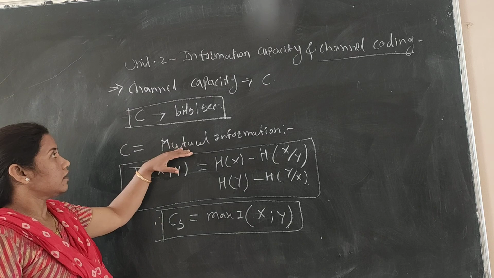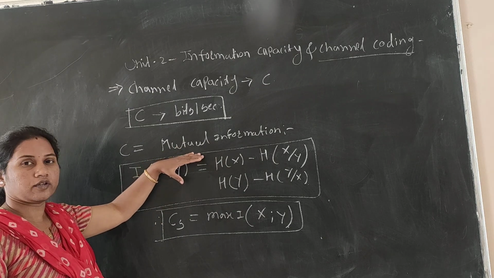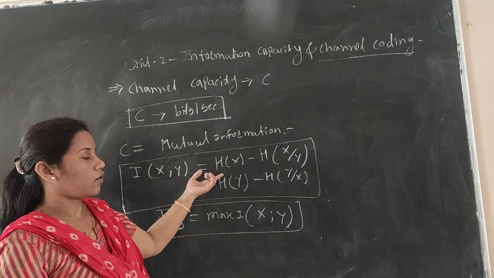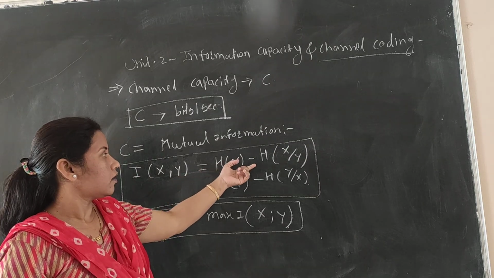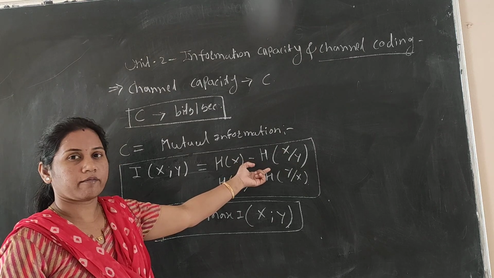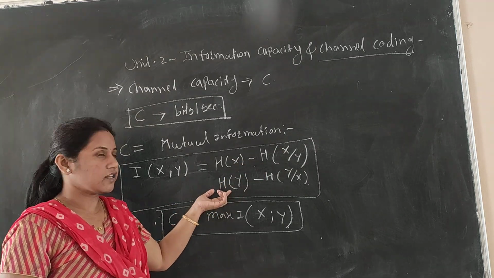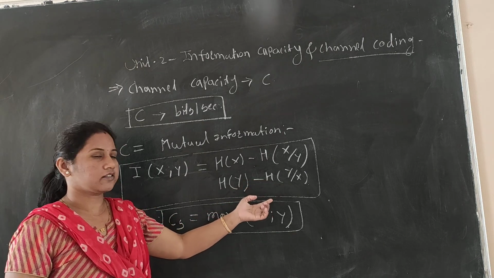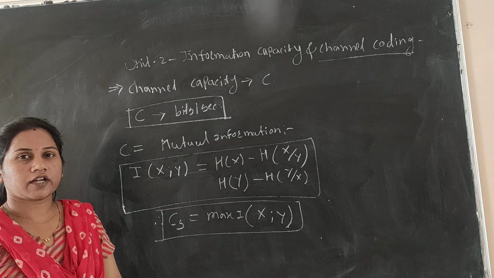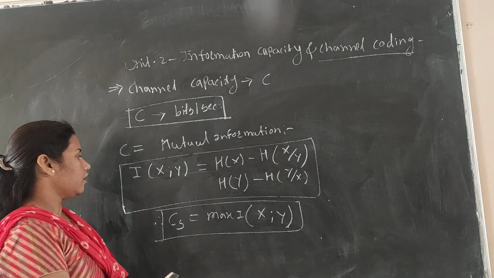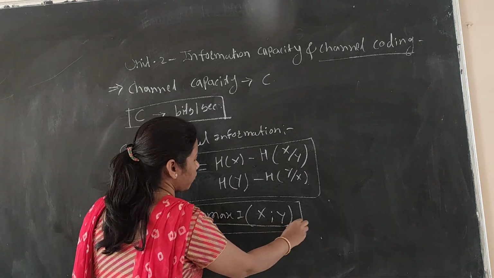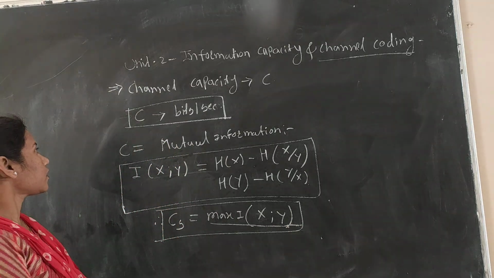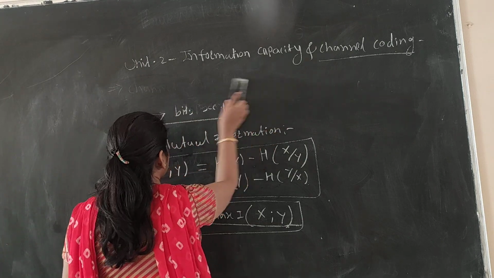Channel capacity is defined using the mutual information, which is H(x), the entropy of x, minus H(x|y), and with respect to the y channel, H(y) minus H(y|x). We get the maximum channel capacity when there is a maximum of information content I(x, y). This is for the channel capacity.